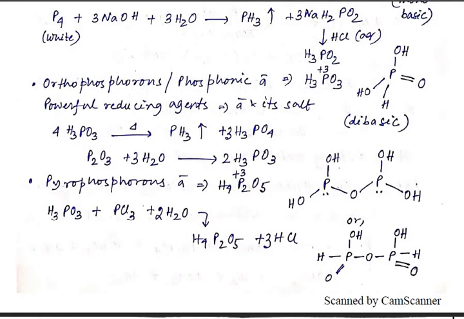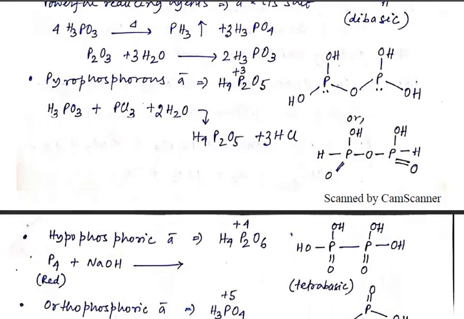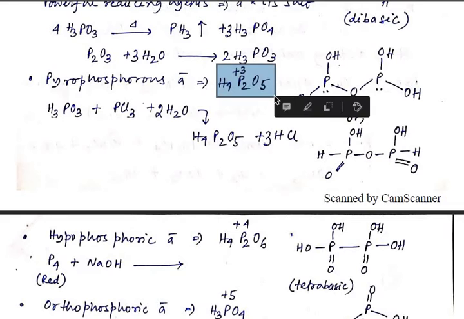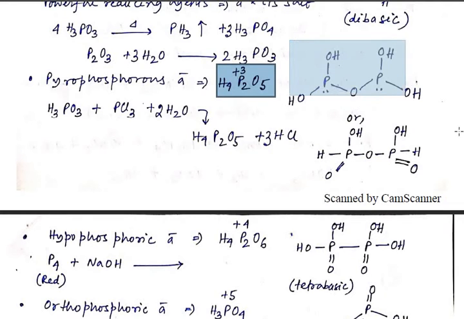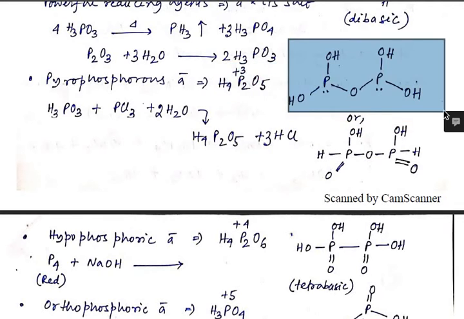The next oxo acid is pyrophosphorus acid, and the formula is H4P2O5, and that is the structure of H4P2O5. From the structure of pyrophosphorus acid, we can say that 4 OH groups are there, and for that reason pyrophosphorus acid is tetrabasic in nature.